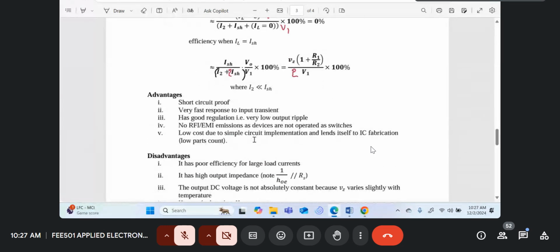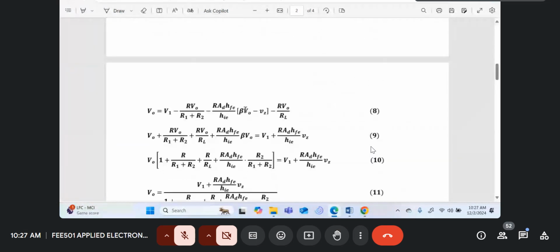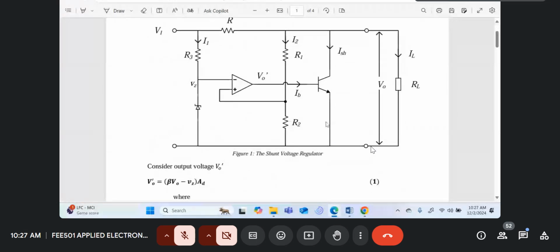Now let's consider some of the advantages of this scheme of implementation of a DC regulator. Number one, it is short circuit proof. We look at this circuit over here. If you short circuit it, you put a short at the output, the output here will be 0, and all your devices will be protected.